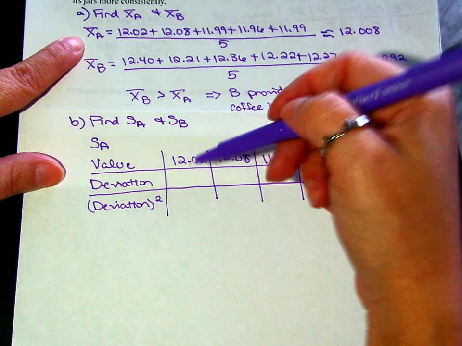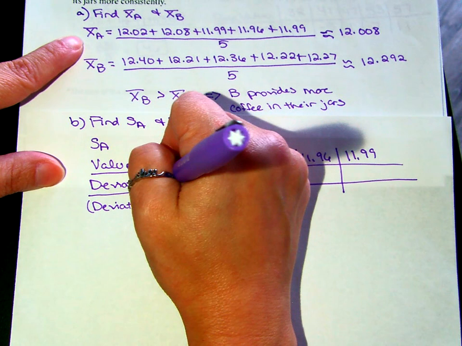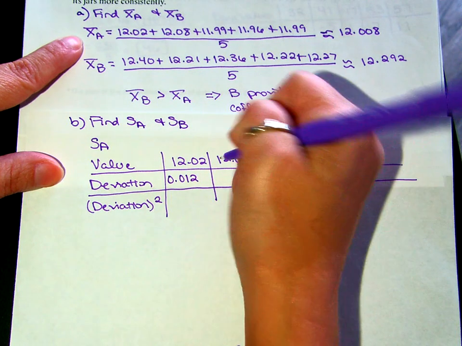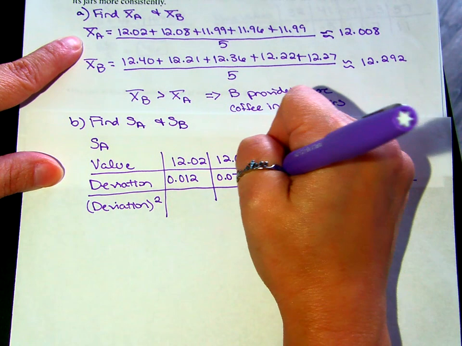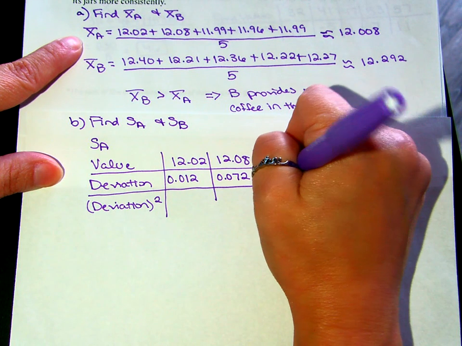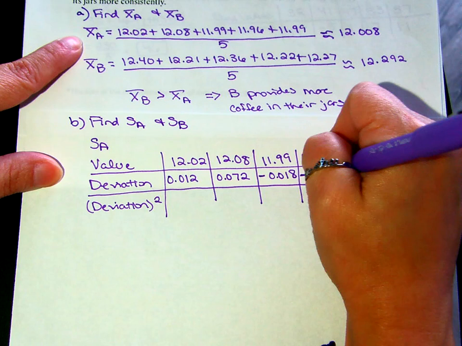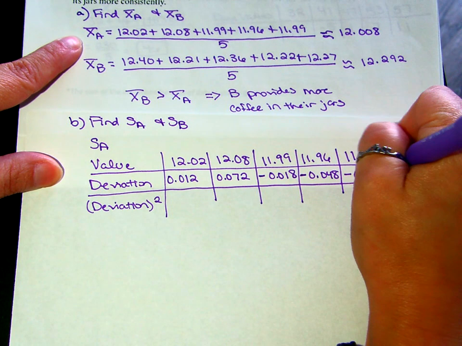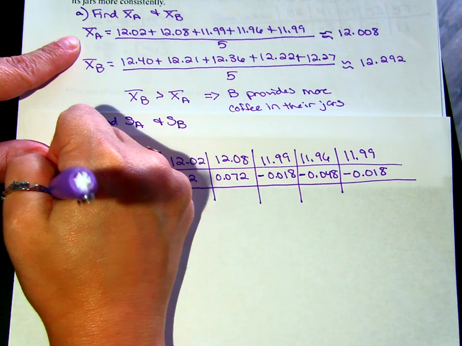So my deviation would be 0.012, 0.072, negative 0.018, negative 0.048, negative 0.018. Deviation is where you take the value, which is x, minus your average.